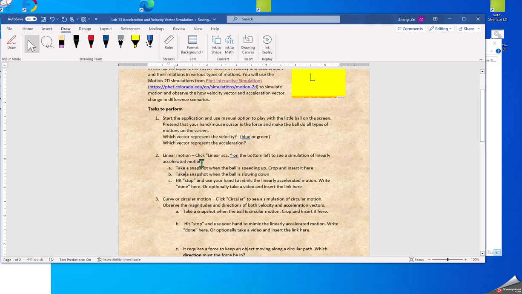Take a snapshot, and when the ball is slowing down, take another snapshot, so snapshots of speeding up and slowing down. Then hit stop and use your hand to mimic the situation. Write it down here. When you're done, insert snapshots and insert what you wrote here.